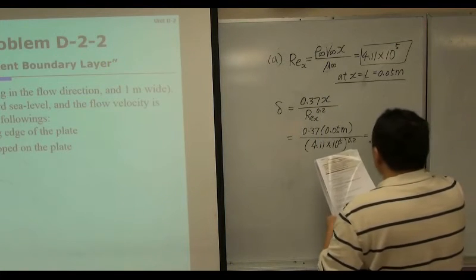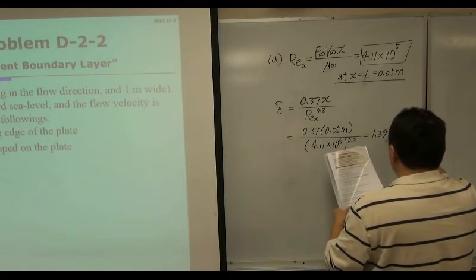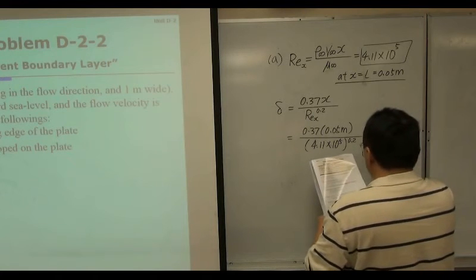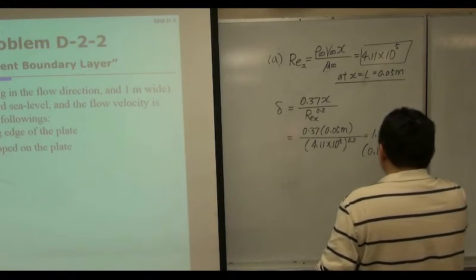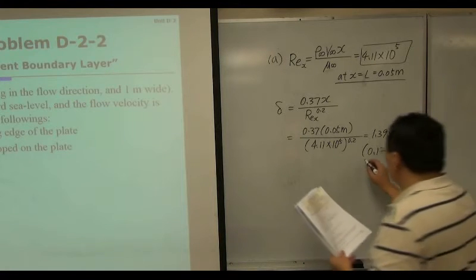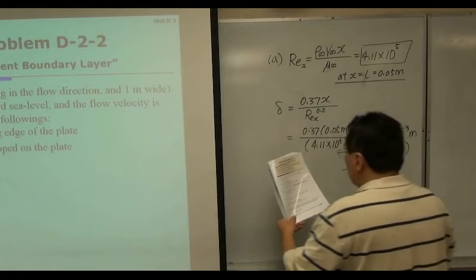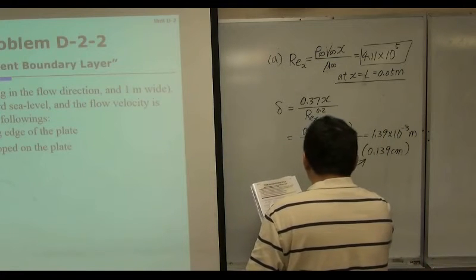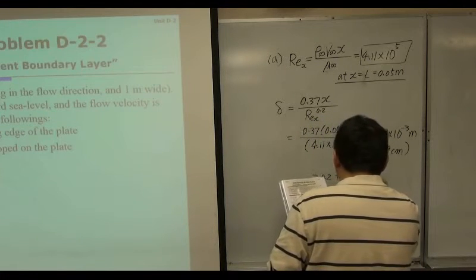So this is 1.39 times 10 to the minus 3 meter, which is 0.139 centimeter. So this is much thicker than the laminar case. This is actually 3.42 times thicker.